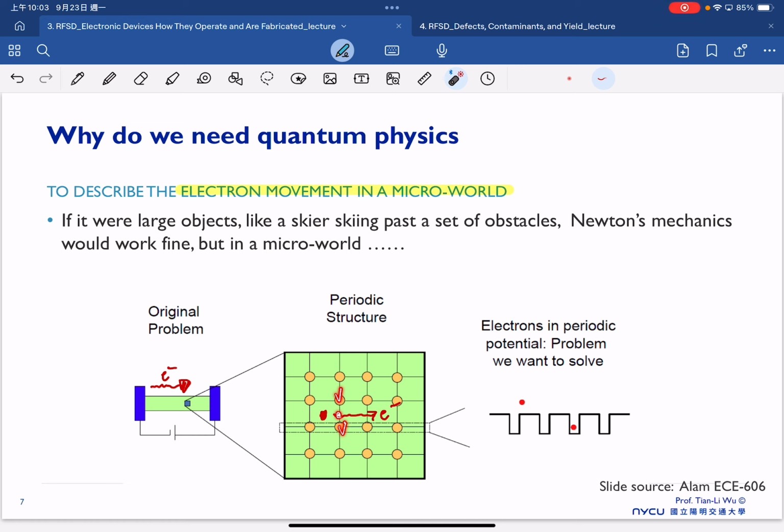So of course, we are engineers, so we actually focus on the potential point of view. This reflects that the real issue for an electron moving in this periodic structure is the electron moving in space with a periodic potential, because the potential suggests the interaction with the nearby atom.